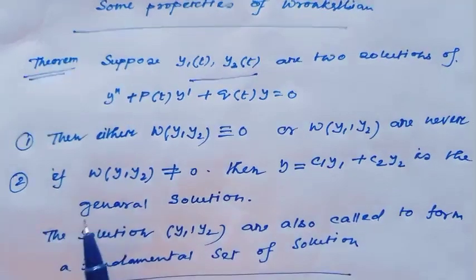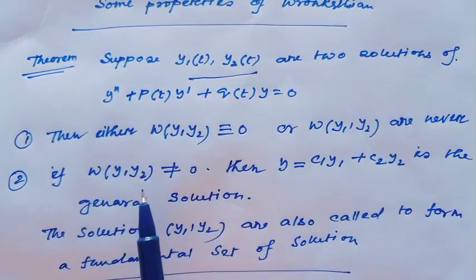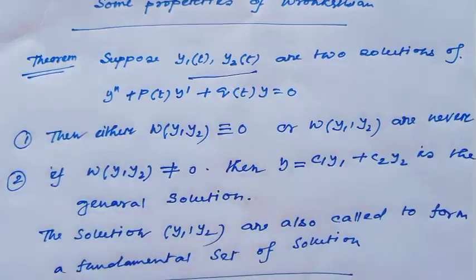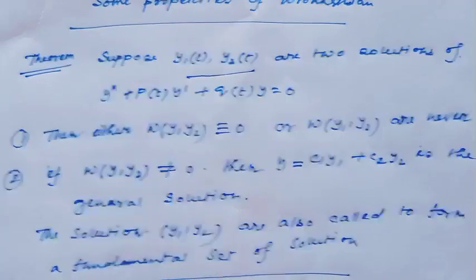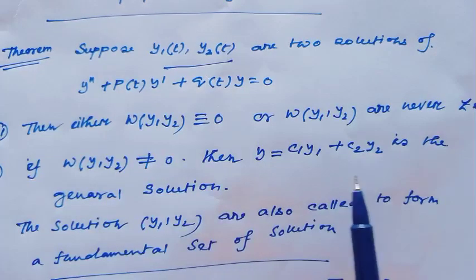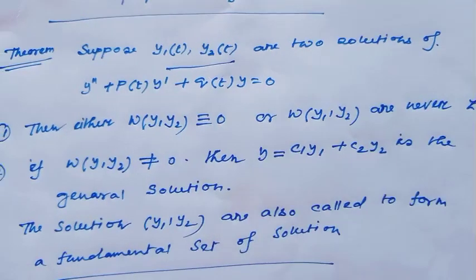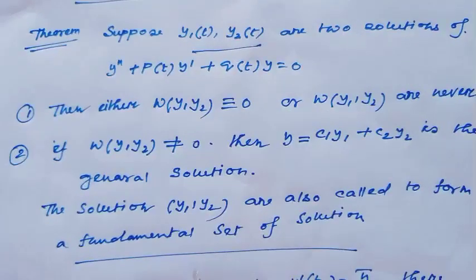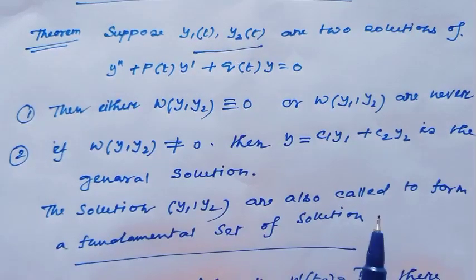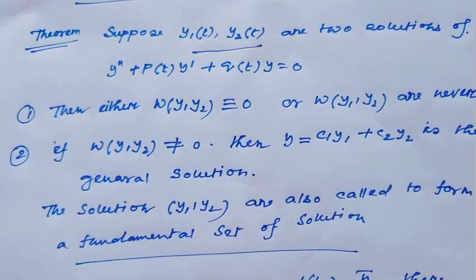And second, if the Wronskian of y1, y2 is not equal to 0, that means y = c1 y1 + c2 y2 is the general solution. And the solutions y1, y2 are also called a fundamental set of solutions.